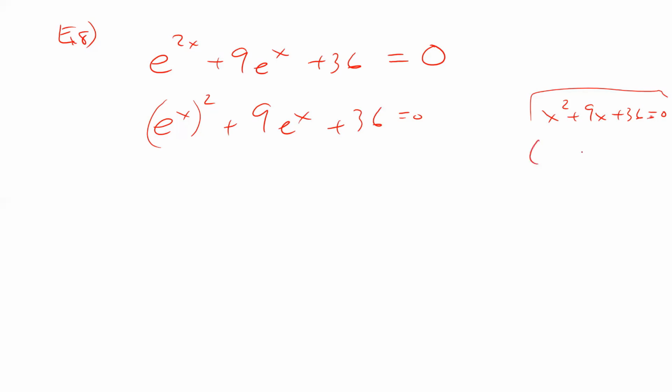What two things multiply to 36, add to 9? 6 and... oh, 6. Wait, no, it'd be 12 and negative 3. No, negative 36. I think we might be able to get away with it. Let's see.